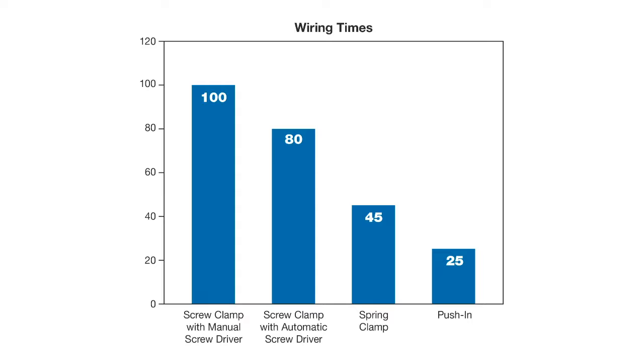Now, when I use a regular spring terminal to install my wires, here we talk about a 50% time savings on installations. But when we get into push-in terminal wiring, wiring time is really cut down by almost 75% over a regular screw terminal.